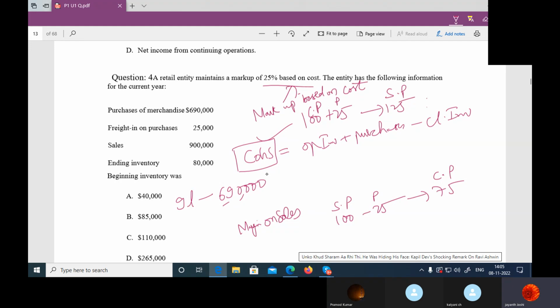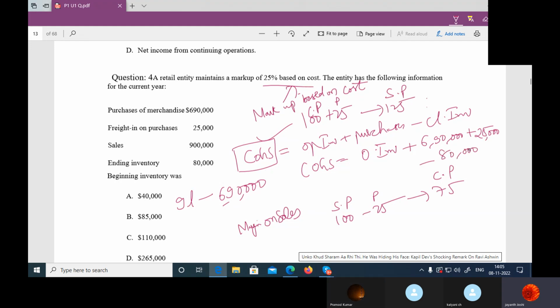So beginning inventory plus purchases. Okay, let's see. Cost of goods sold is equal to opening inventory, this is what we want, plus purchases 6,90,000 plus freight charges 25,000, because that is an expenditure added to purchase, minus ending inventory 80,000.